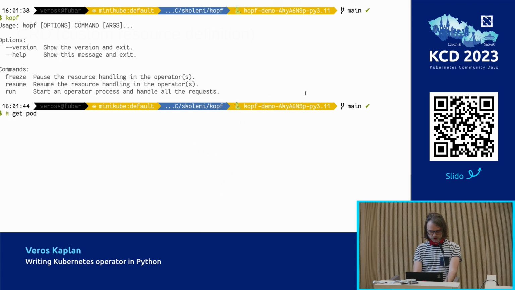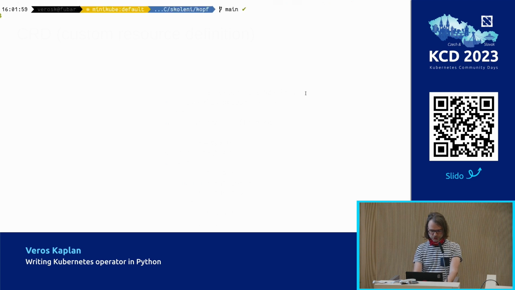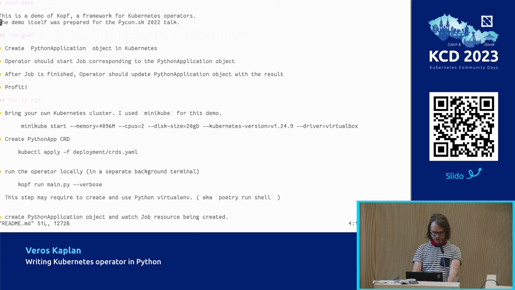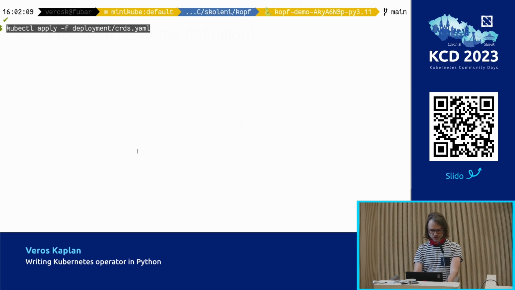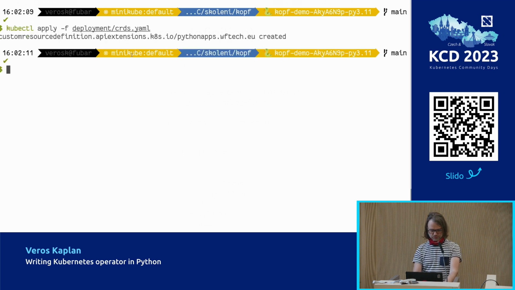And now I should create, let's check the cheat sheet. Let's check the cheat sheet, this one. So at the beginning, I should create a custom resource definition.